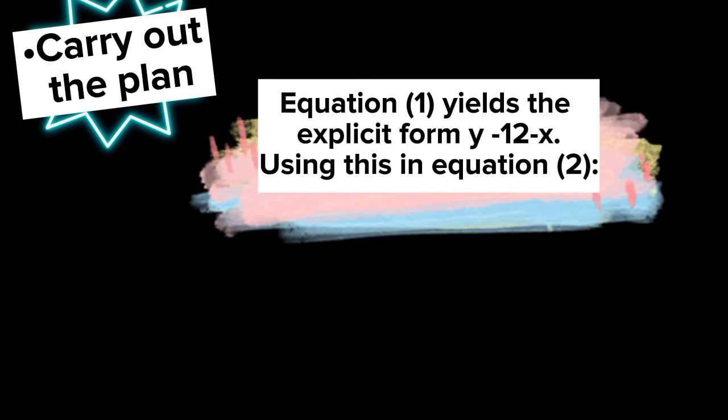So we are here at carry out the plan. Equation 1 yields the explicit form y equals 12 minus x.